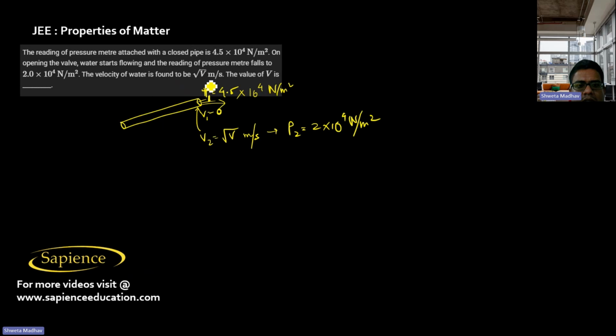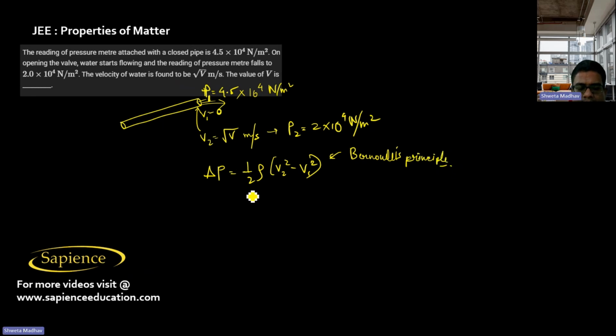Then the value of V. So we know that the change in the pressure is equal to half into rho into V2 square minus V1 square. Here we are applying Bernoulli's principle.